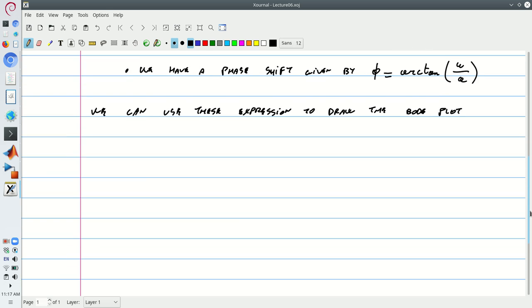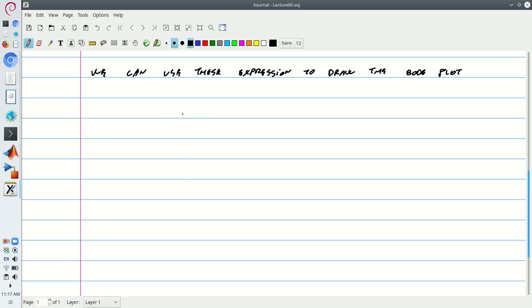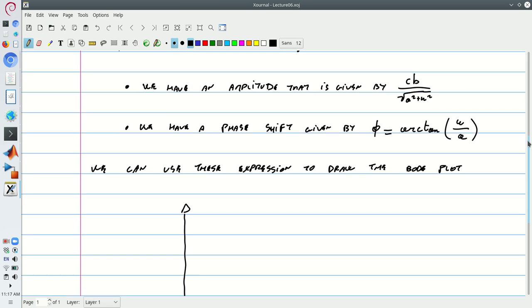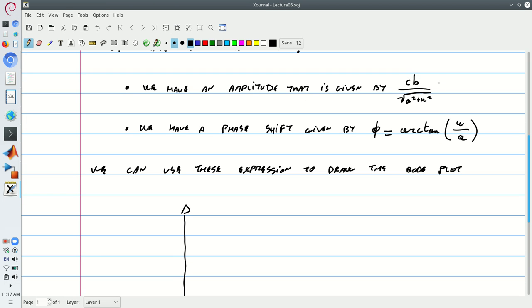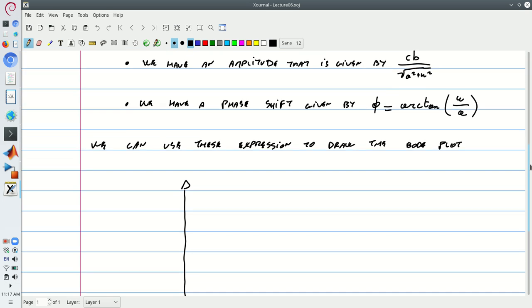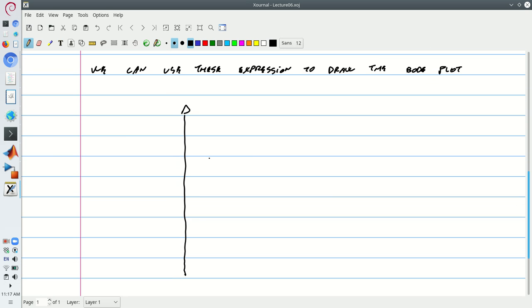And I just want you to remember what the Bode plot is. The Bode plot is actually two plots, because we are both plotting the amplitude gain and also the phase shift. So what we do typically is this. Well, it's not necessarily less than 1. We have our omega.